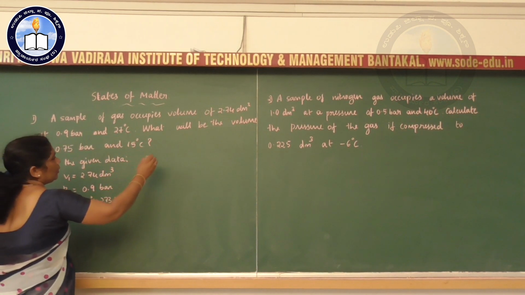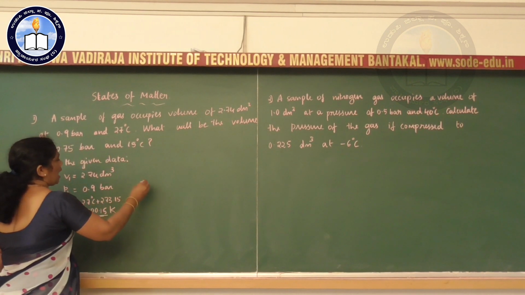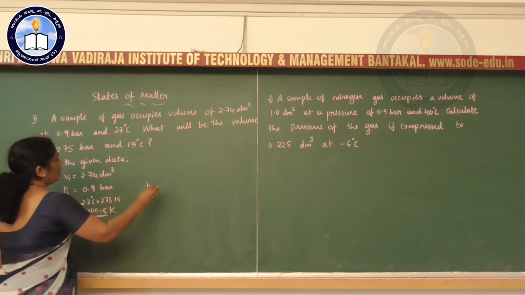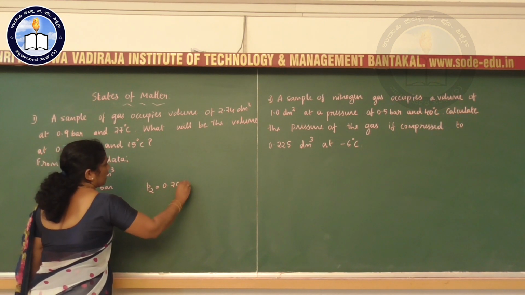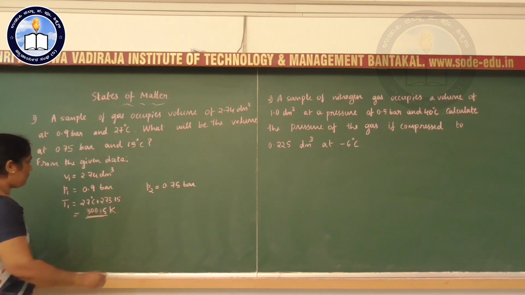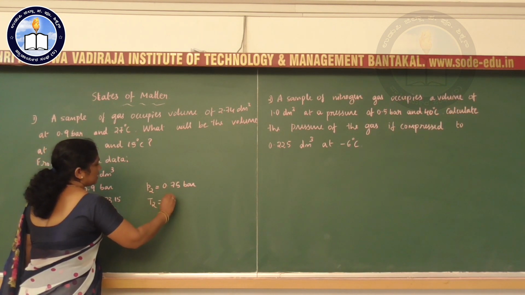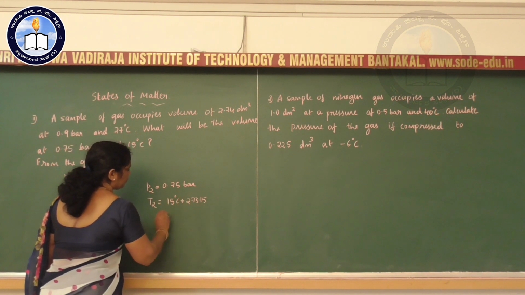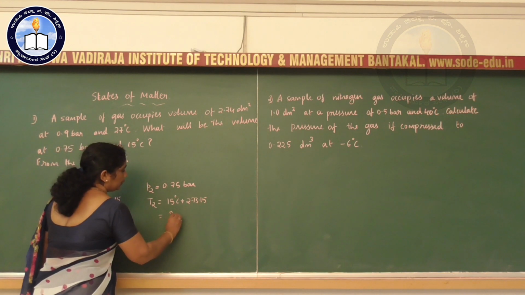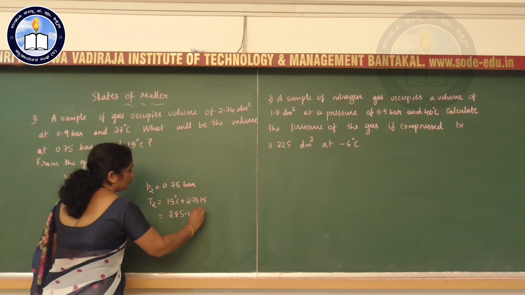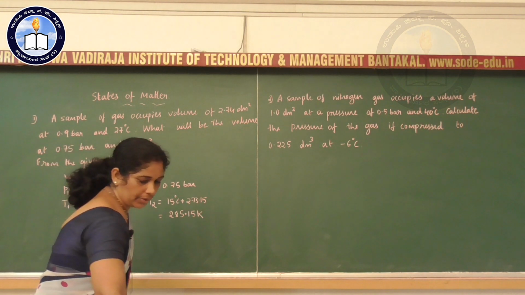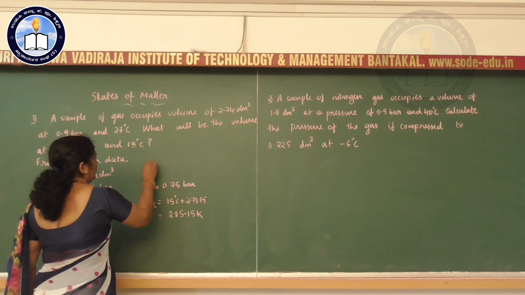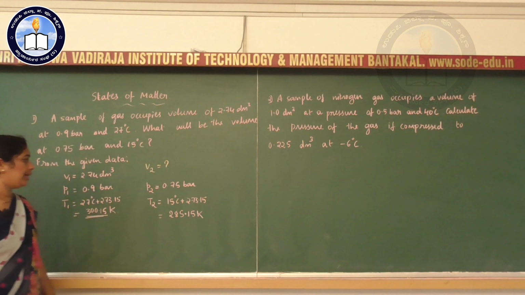Next, it changes to a volume at 0.75 bar, so P2 is equal to 0.75 bar. Temperature is 15 degrees Celsius, equal to 285.15 Kelvin. What you have to calculate is V2. V2 is equal to how much?